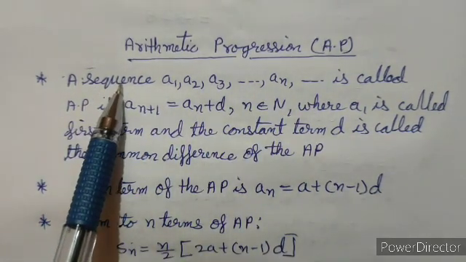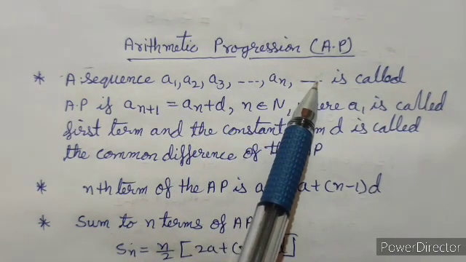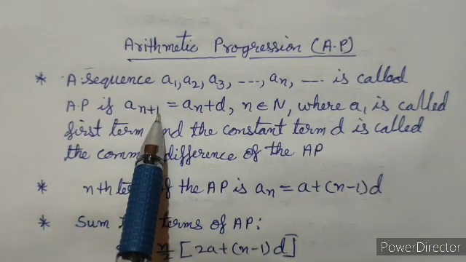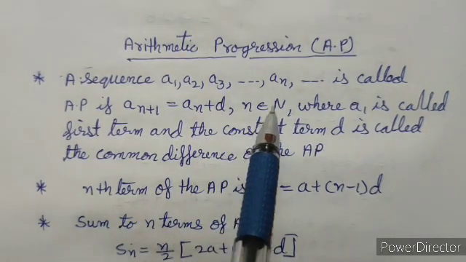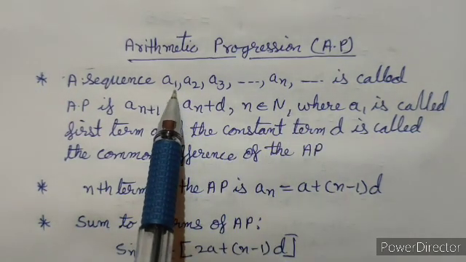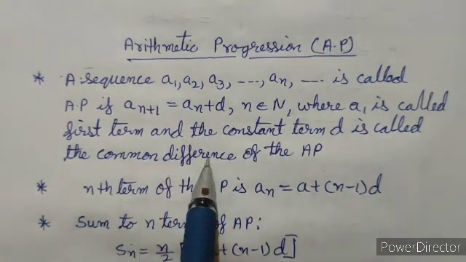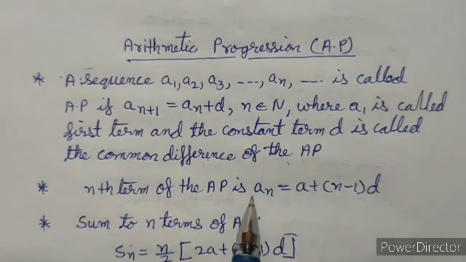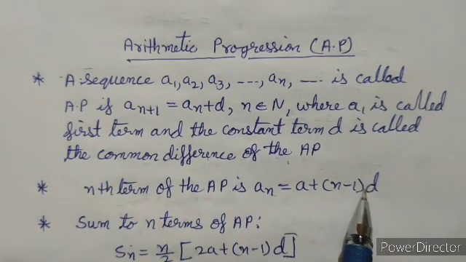Now a sequence a1, a2, a3 and so on up to an, and there can be other terms also, is called an AP if an plus 1 is equal to an plus d, where n belongs to the natural numbers. Here a1 is called the first term of the AP and the constant term d is called the common difference of the AP.